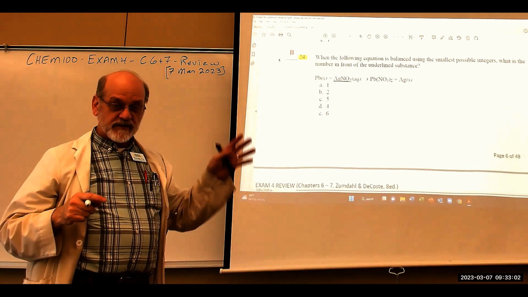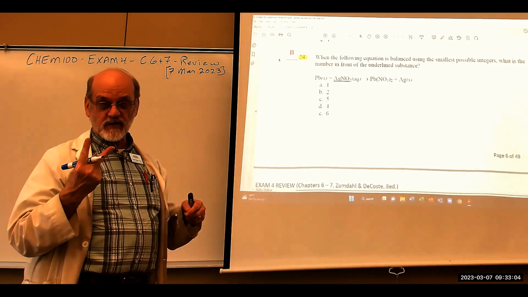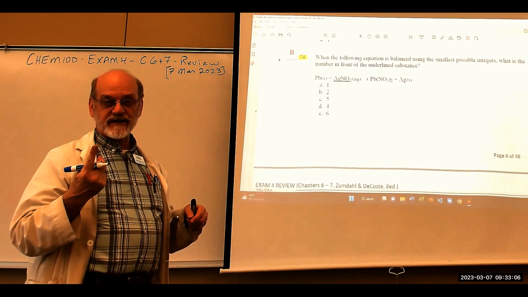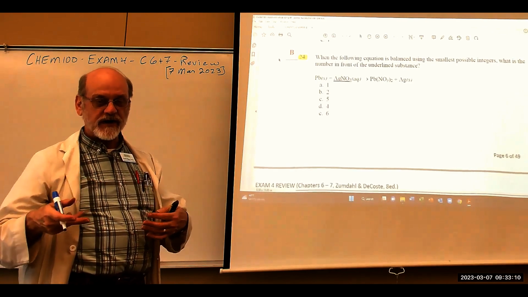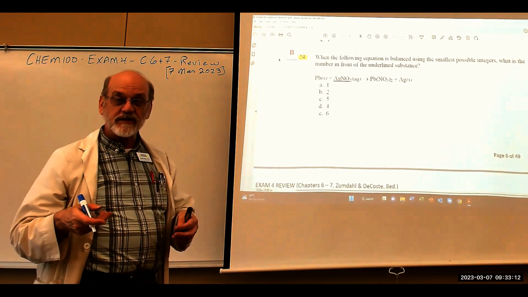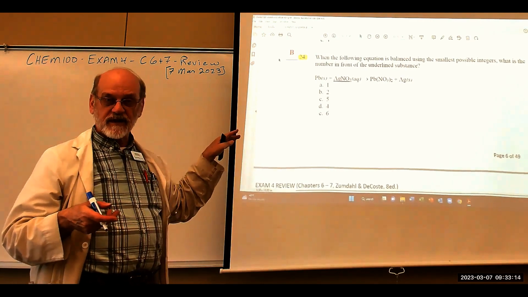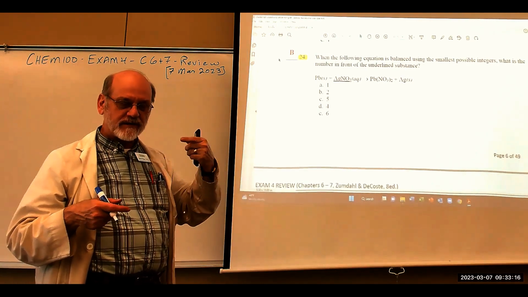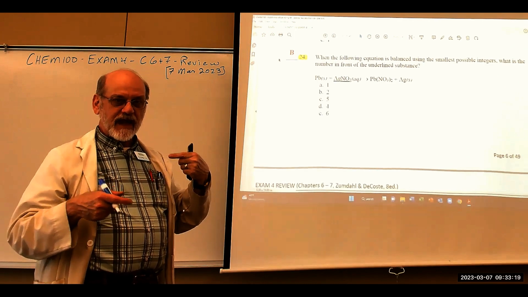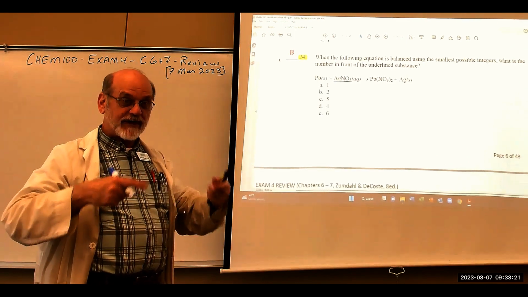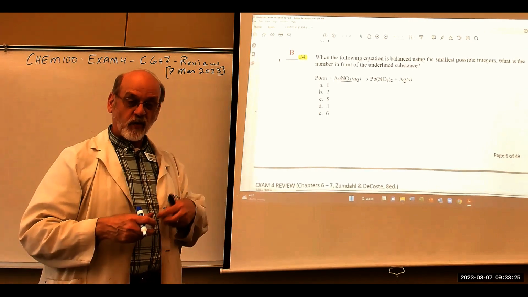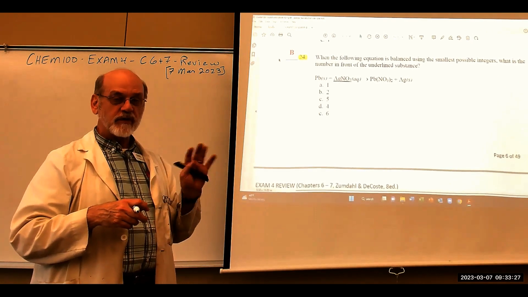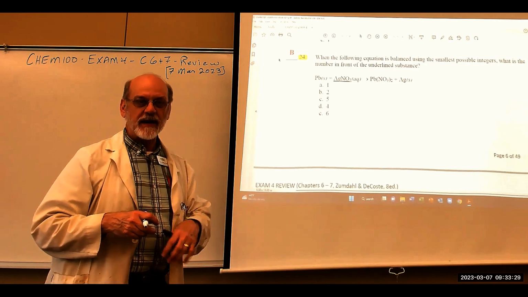Remember at the very beginning of the semester, I told you your two best friends in this course are curiosity and boredom. You always want to know more. That's curiosity. Boredom is you're working these problems and you start to see a pattern. And you work the same type of problem over and over again, you get bored doing it. If you get bored working a problem, that means you know it pretty well. And it's time to move on.